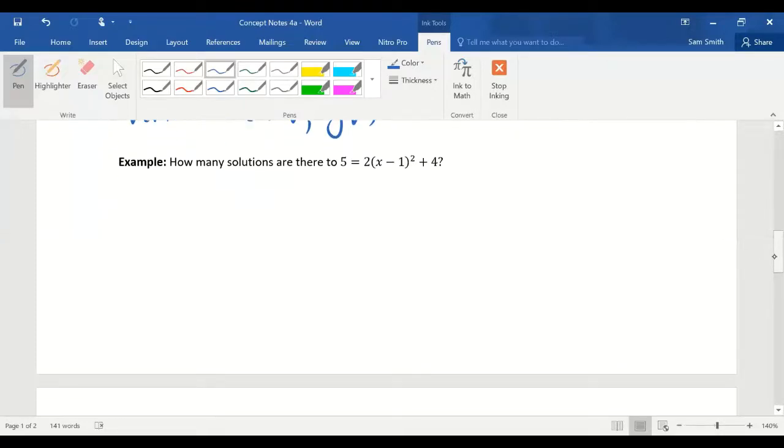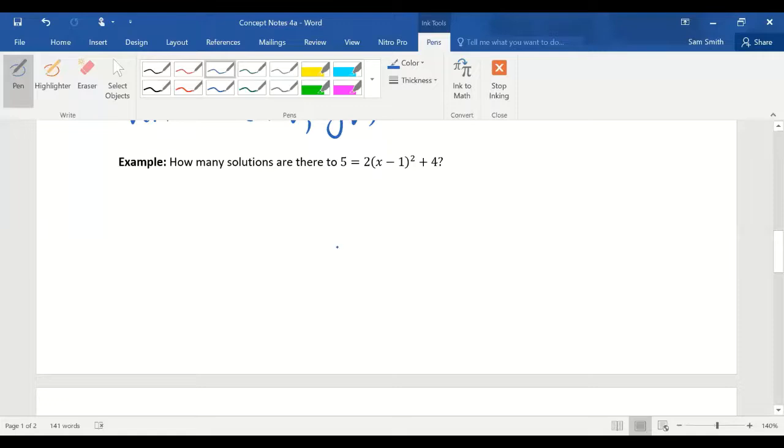Now I'd like to speak briefly about some of the advantages of being able to see the vertex, and being able to see whether the parabola opens down right away, without doing any calculations. Take, for example, this problem. We have 5 equals 2 times x minus 1 squared plus 4.